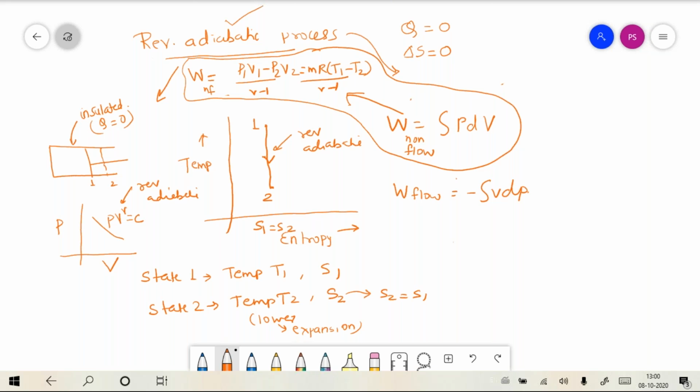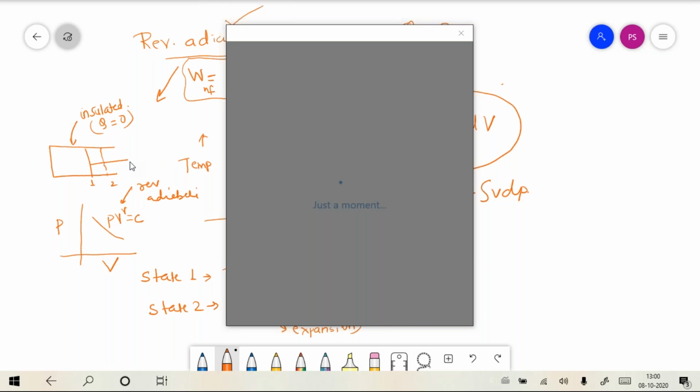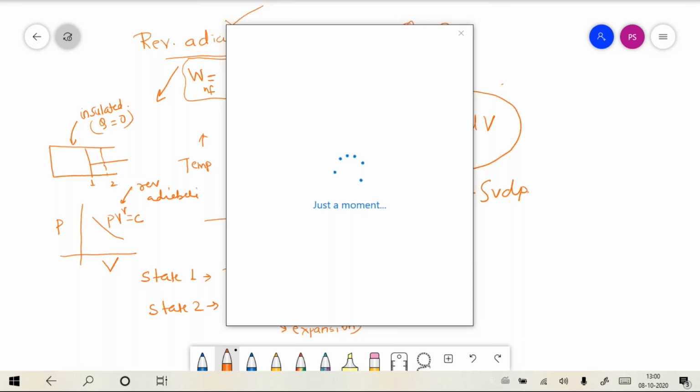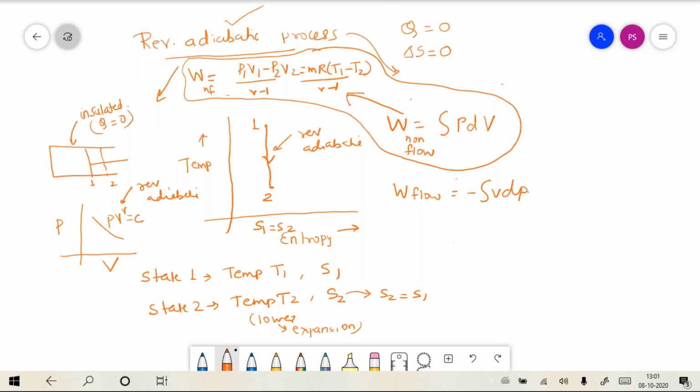Either it is moving away from the top dead center, then it is a case of expansion, and if it is moving towards the top dead center, it's a case of compression. In either case, what you would find is that the entropy would remain constant, and it would be a vertical line on the temperature entropy diagram. This would be more clear to you as you solve a numerical.